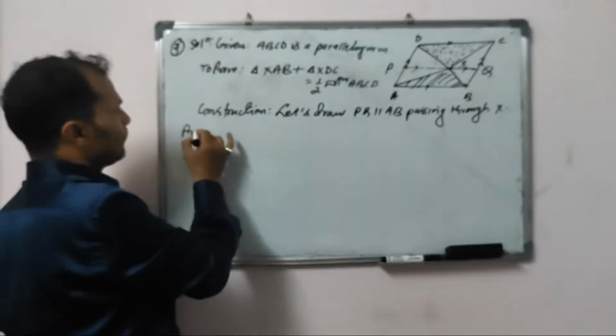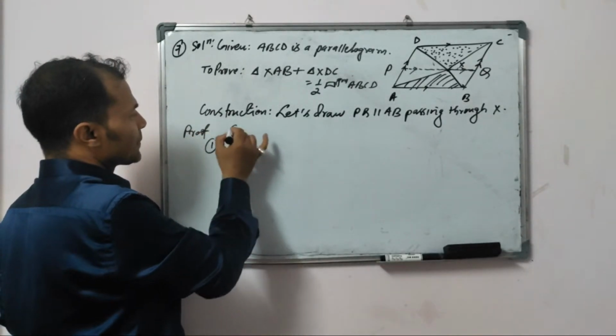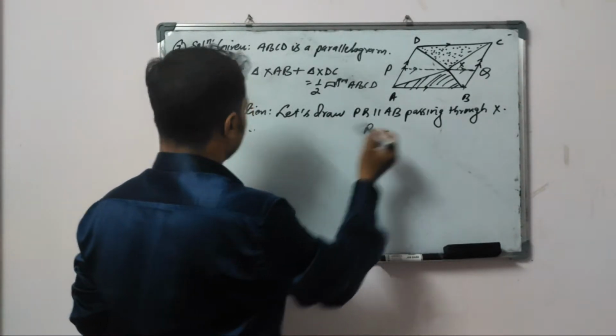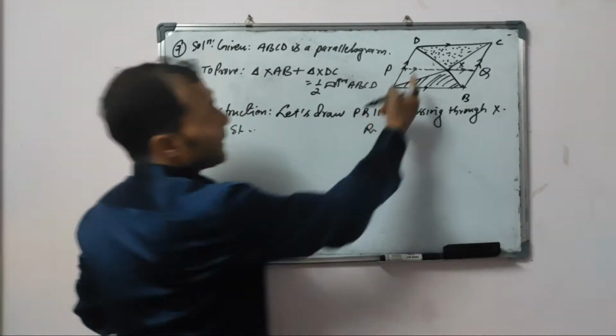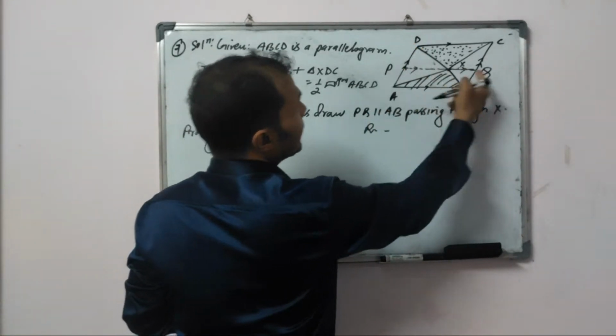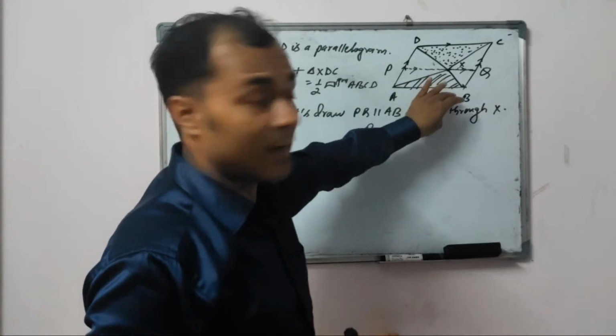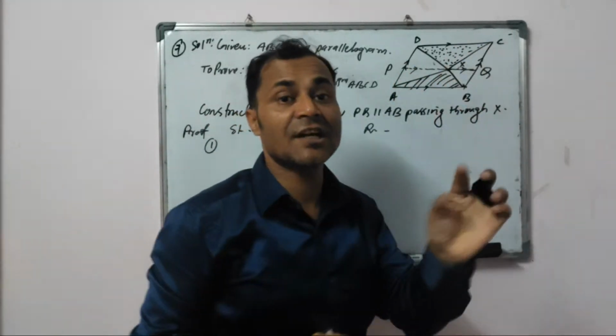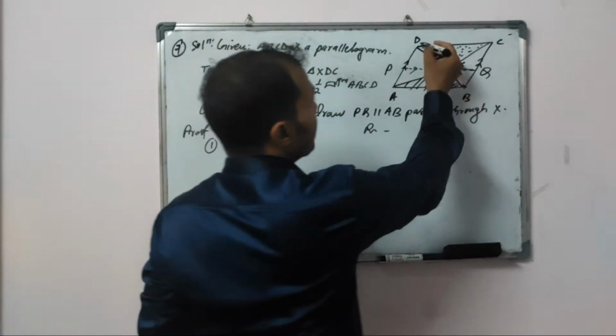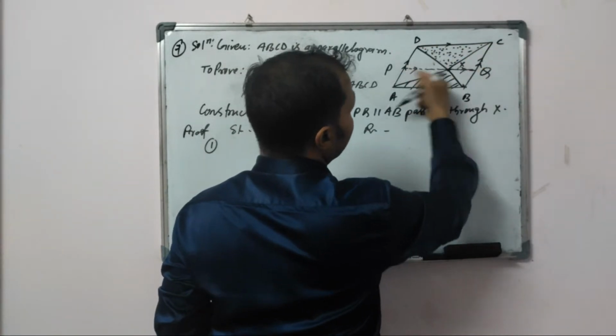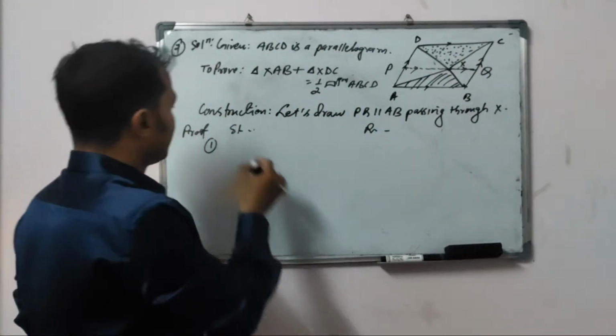Proof. Number 1, statement and reasons. See carefully, look for a moment. DPQC, just forget this lower part. DPQC is a parallelogram. And this is a triangle. So obviously this triangle will be half of this parallelogram, right?